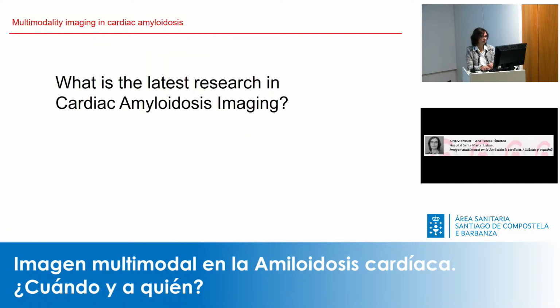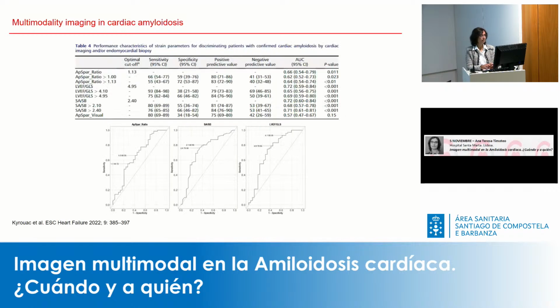So what is the latest research in cardiac amyloidosis imaging? Regarding diagnosis, we know now that the relative apical sparing pattern and all the ratios that are derived from it are not as accurate as we believed before, because all those ratios that derive from this apical sparing have a very modest predictive accuracy of 0.60, 0.70, so they are not very accurate for the diagnosis.